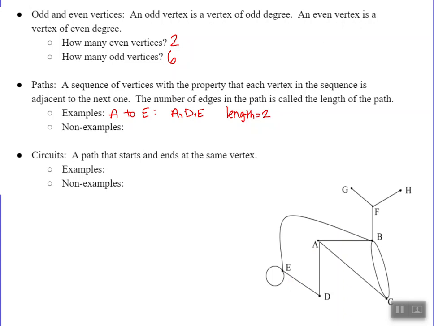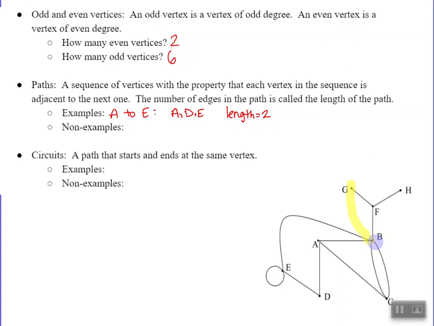Now, for a non-example, B to G, that is not a path because there is no edge to follow along that.